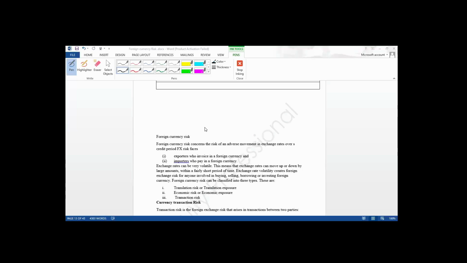Exchange rate volatility creates foreign currency risk for anybody involved in buying, selling, borrowing, or investing in foreign currency.